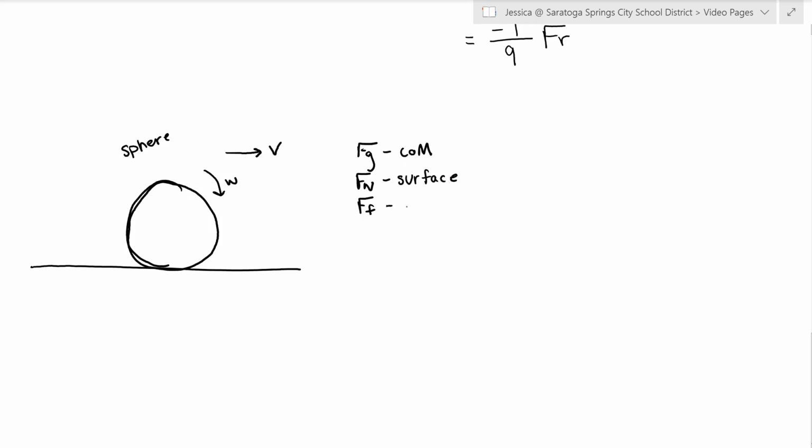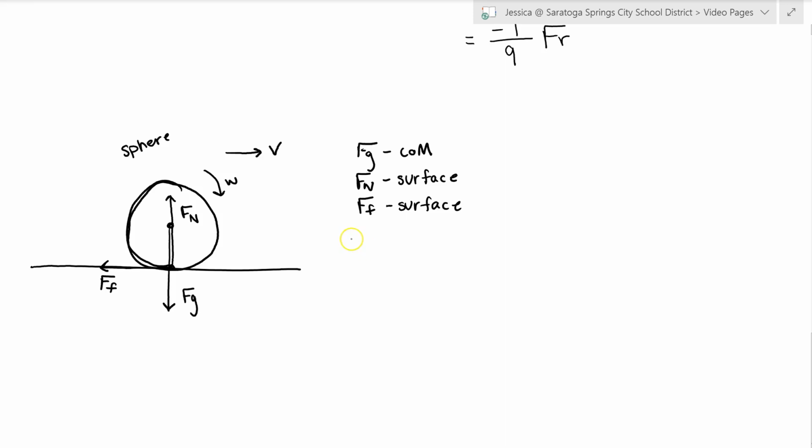Friction is an interaction between the surface and the sphere, so the force of friction has to act at the surface. So gravity is going to point straight down. Normal force is going to point straight up, and friction is going to point to the left. And I'll talk about why friction points to the left in a second.